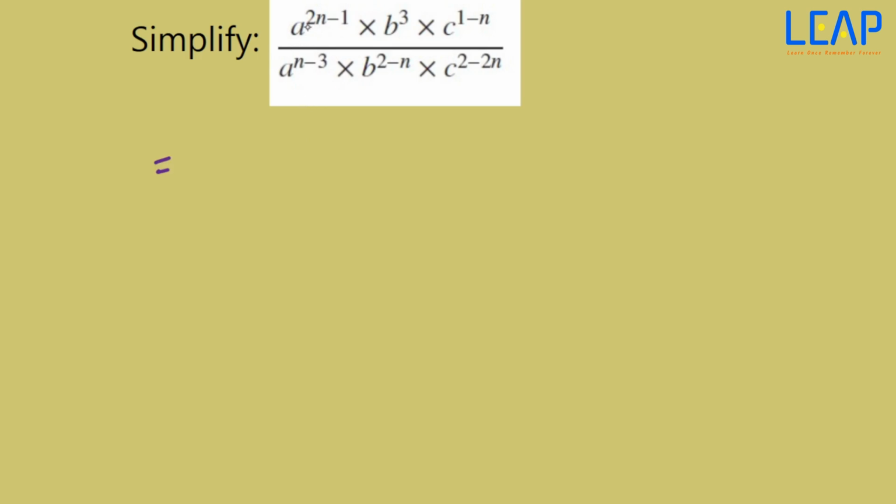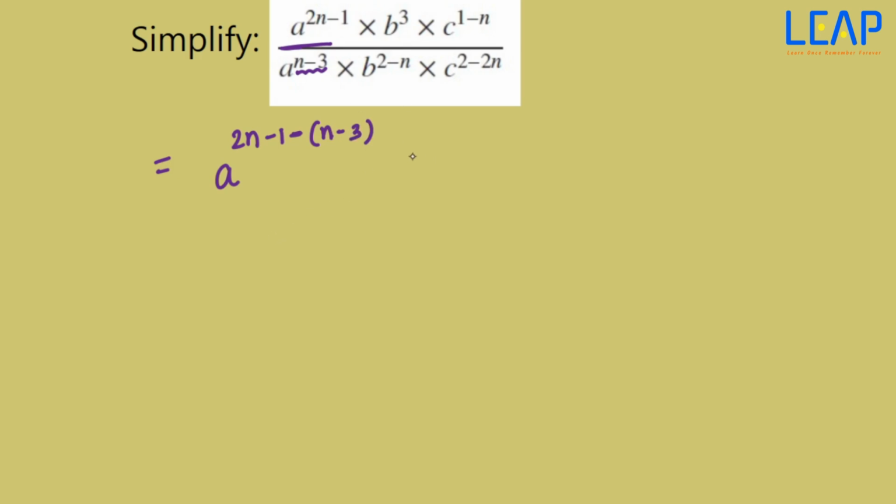So you can see here we have same base A, same base B, same base C. So base A, the numerator has got an exponent 2n minus 1. Now there is a division here, right? When you have division, you use negative. Now the thing that you have to be very careful about is when you have negative and you have a binomial, you got to use brackets no matter what. Okay, so that will be n minus 3 in brackets.